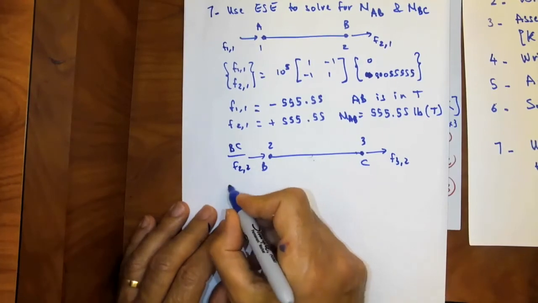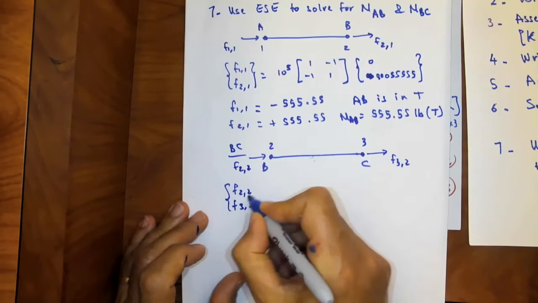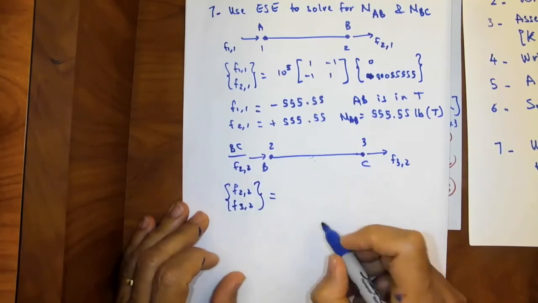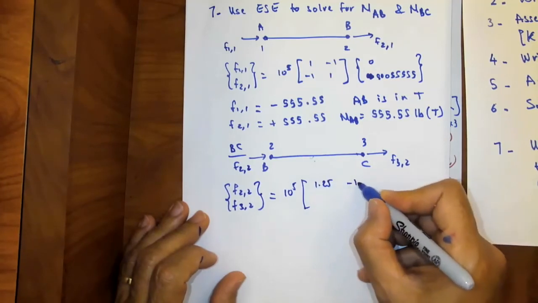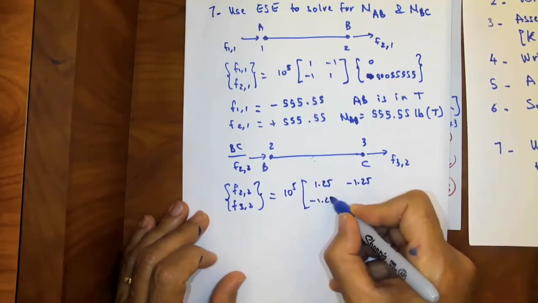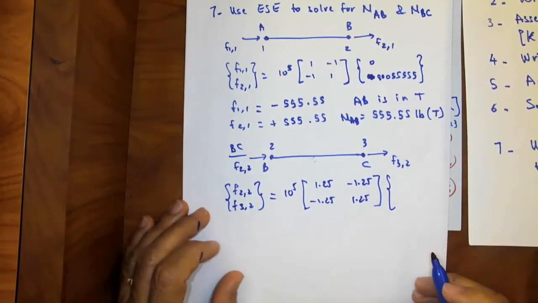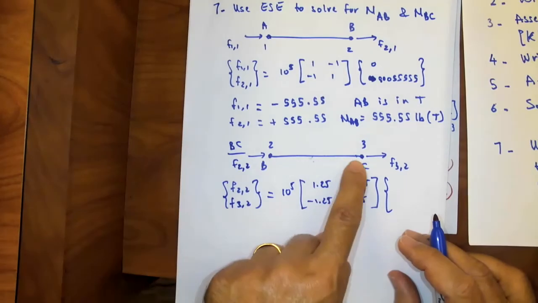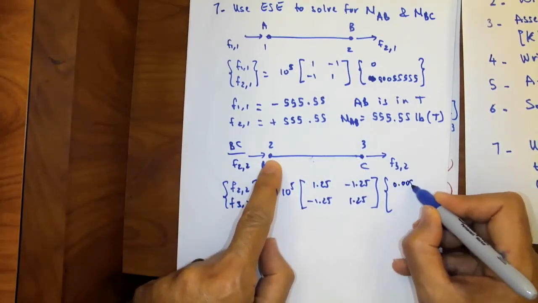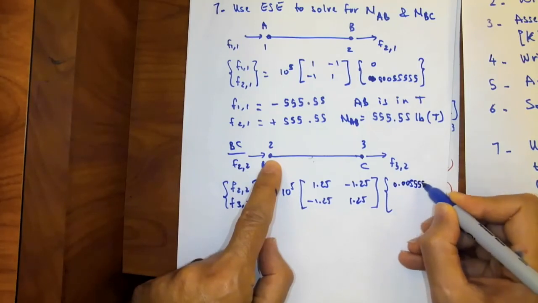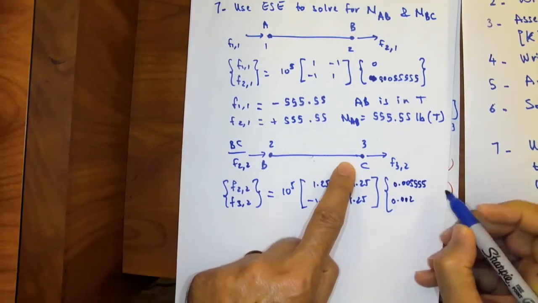I can write my element stiffness equation as F22, F32 equals 10 to the power 5, 1.25 minus 1.25, minus 1.25, 1.25, multiplied by nodal displacements. At 2, we have 0.00555, and at node 3, I have 0.002.